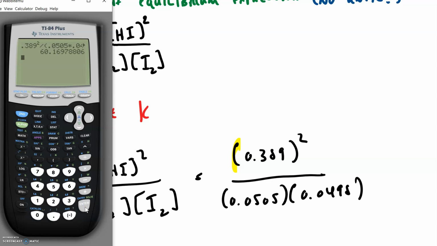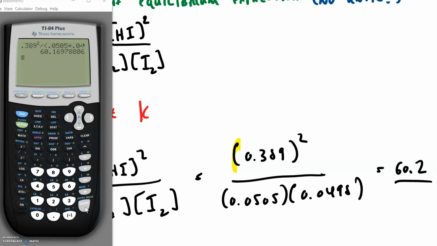It says that at equilibrium, the ratio of products, that's HI, to reactants, that's hydrogen gas and iodine gas, is 60.2. It's just a ratio, so we're not worried about units.